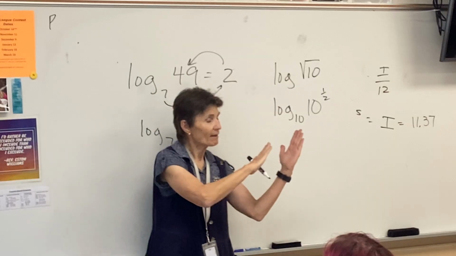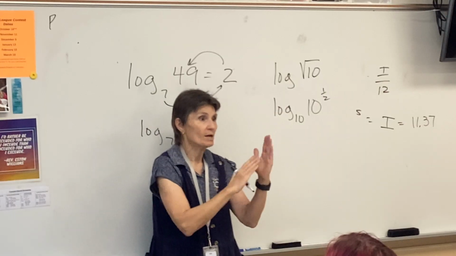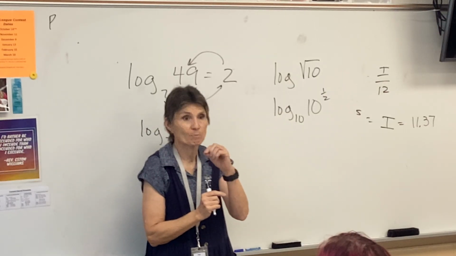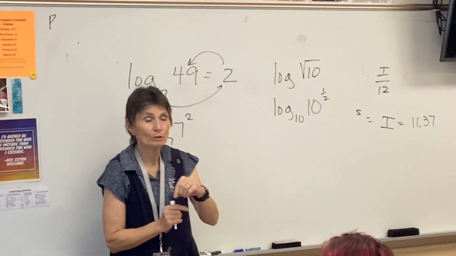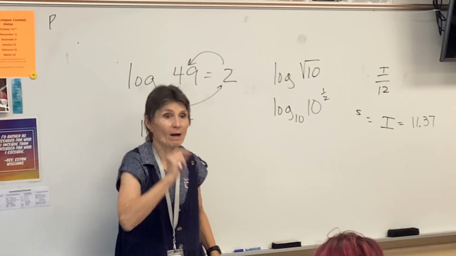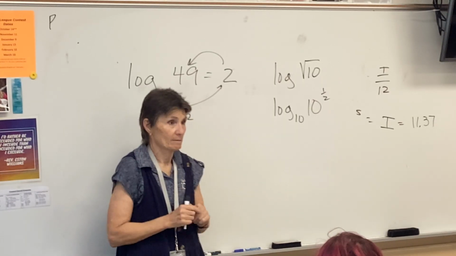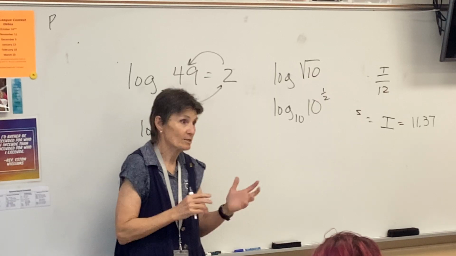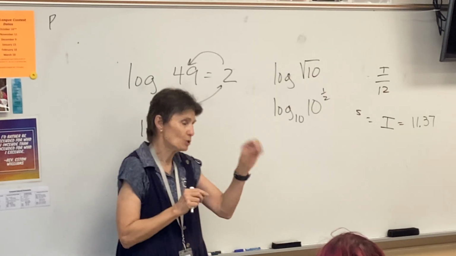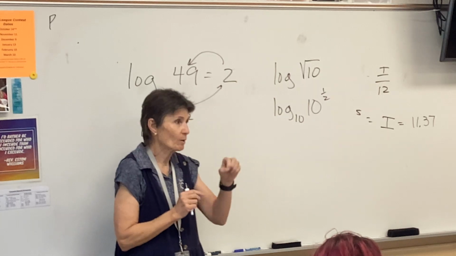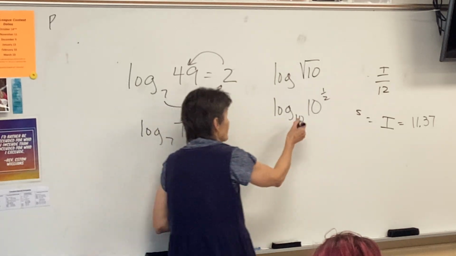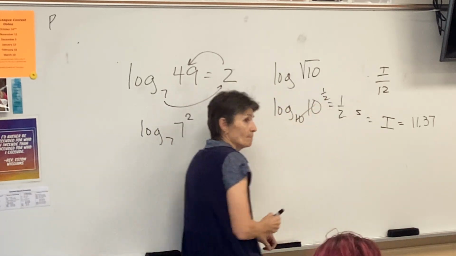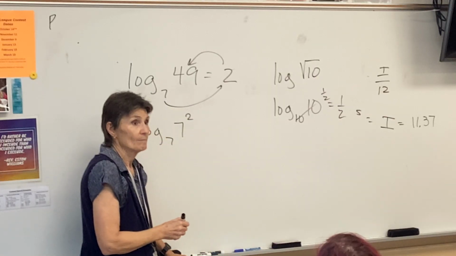Guys, we really have to be able to move back and forth between radicals and exponents. A square root is a 1/2 power, always. Both ways. So if you have a 1/2 power, you have a square root. If you have a square root, you have a 1/2 power. So the answer to this problem is 1/2.